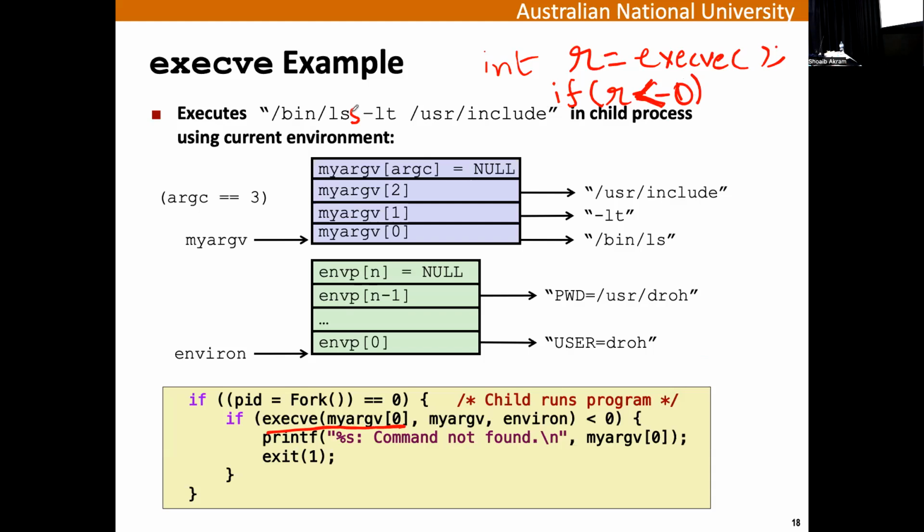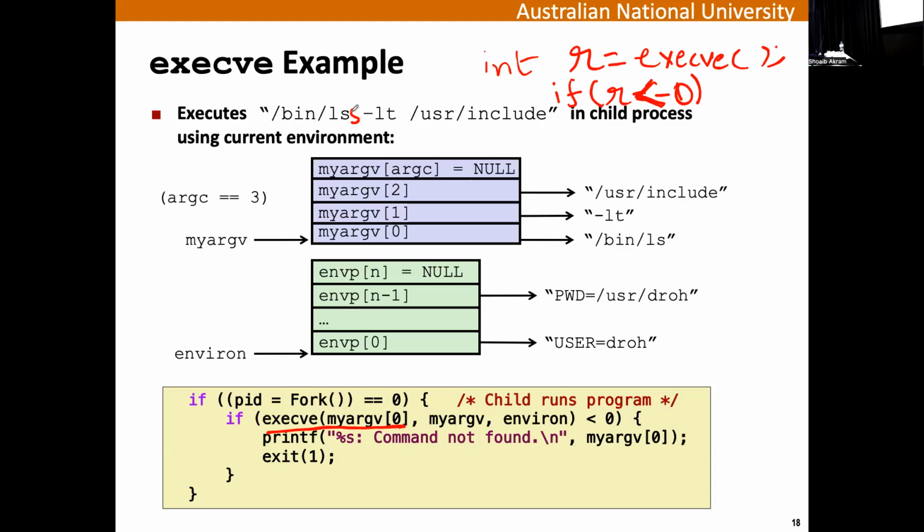We need to check if the return value is less than 0. It returns if something is wrong. If everything goes well, it never returns. If something goes wrong, it returns a negative value. It only returns if something goes wrong.